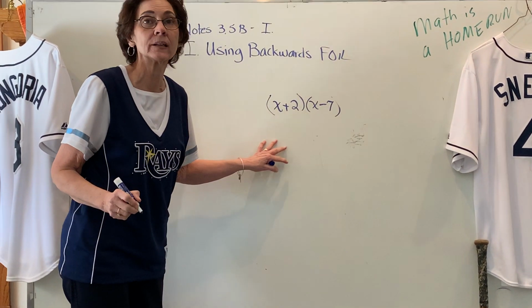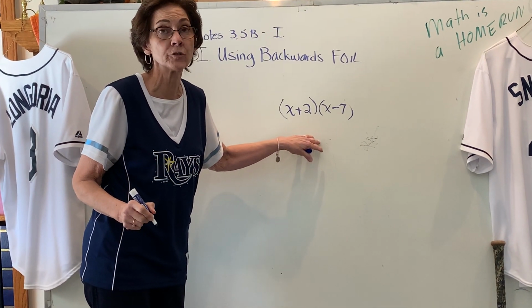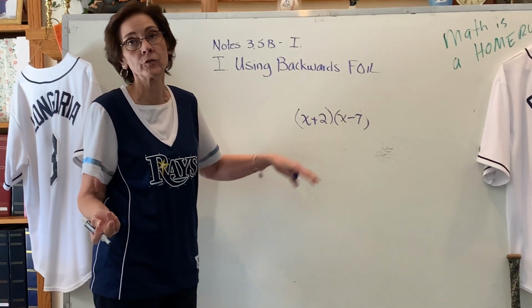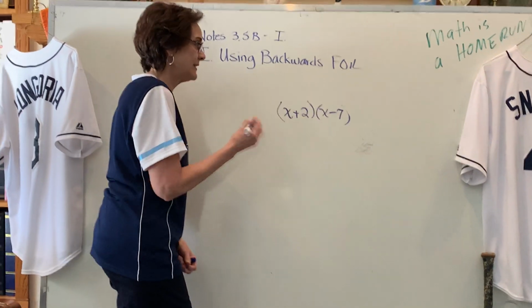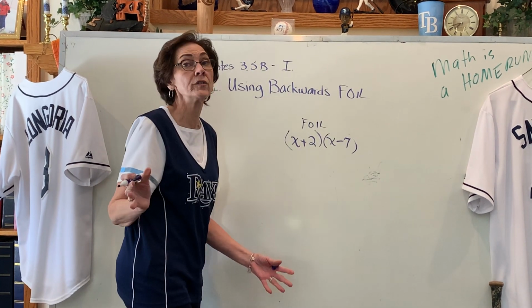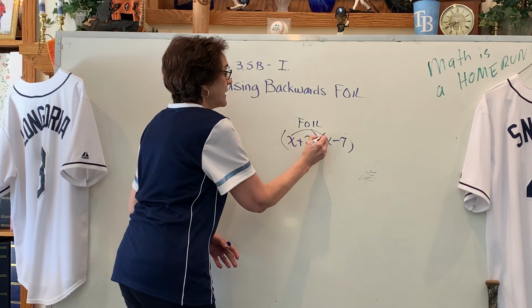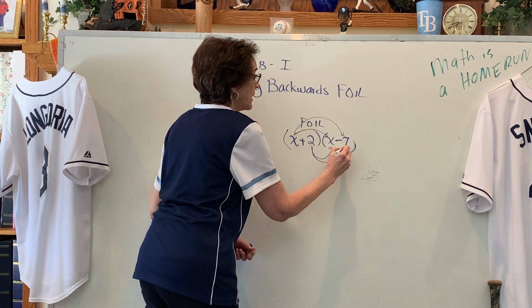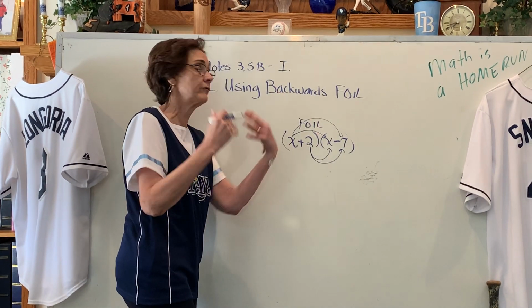So before break, this is the types of problems we were doing. We were multiplying polynomial expressions. Well, this is two binomials. Multiplying two binomials. We did this using FOIL, which is nothing more than distributing x times x, x times negative 7, 2 times x, and 2 times negative 7. So that's what we were doing before the break.